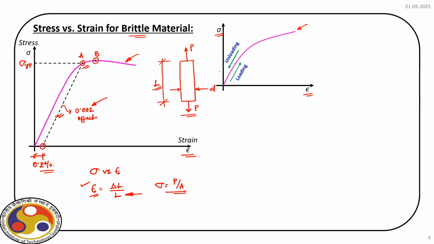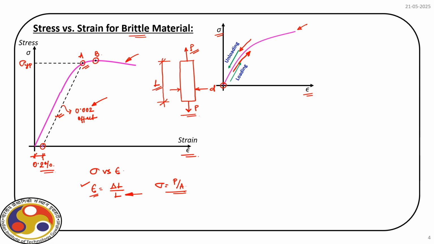Initially we start applying this P, that means we follow this loading path. So, it moves along this path, and then after a certain time we start removing the load, and then it follows the same path, and once we remove the complete load, it reaches the initial point from where we started.